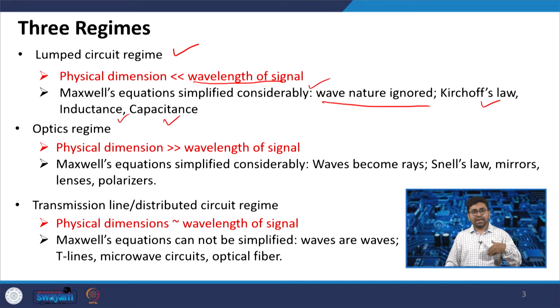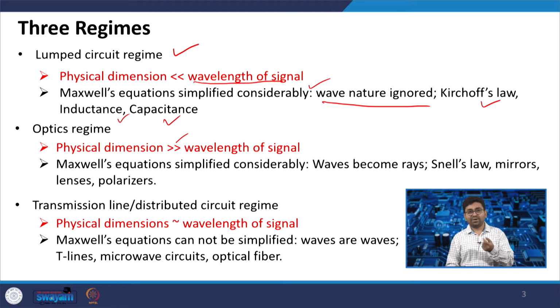But there is another regime, the optics regime, in which your physical dimension is much greater than the wavelength of the signal. You can see this with your LED light. Your LED dimension is much higher.